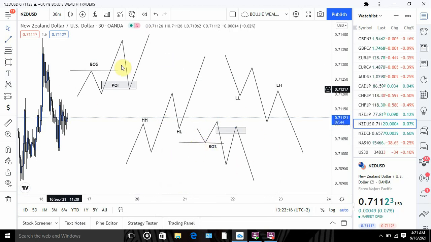Sometimes in an uptrend, let's start with an uptrend, mostly we focus on the market breaking our highs to clear up the liquidity. So this is not always the case.